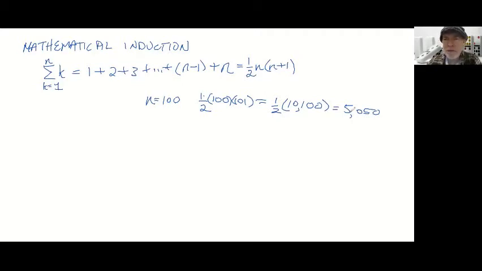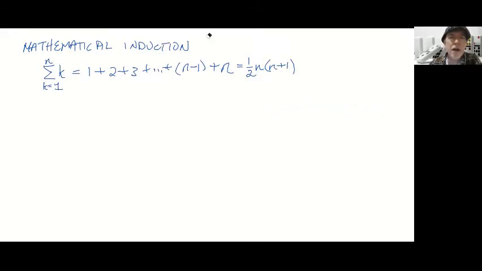So what we'll do here is let's erase this. Okay, let's get rid of this. And up here, let's use a different color just so that it stands out. There we go.